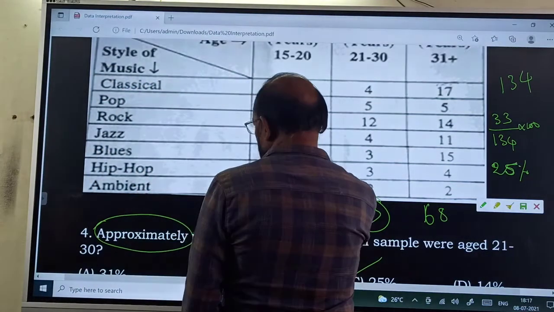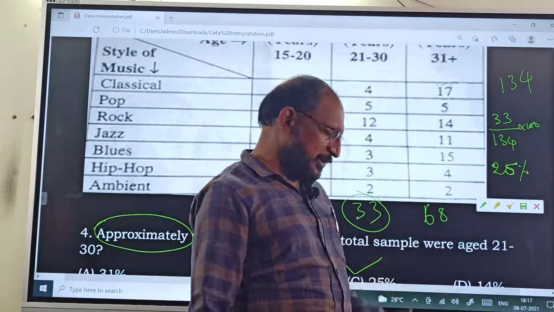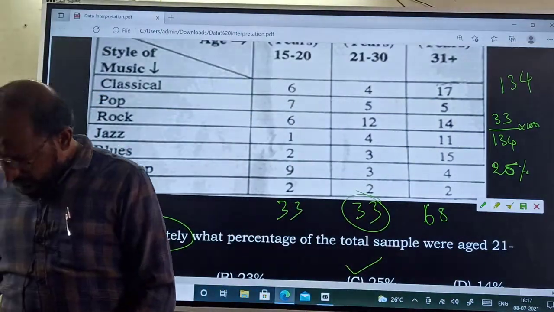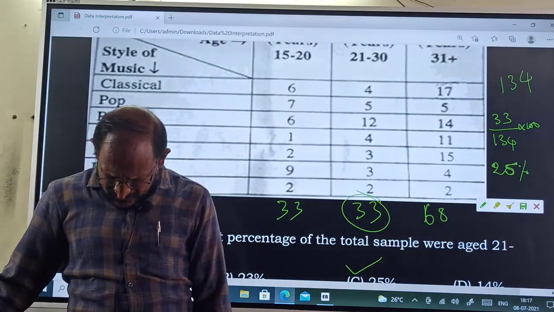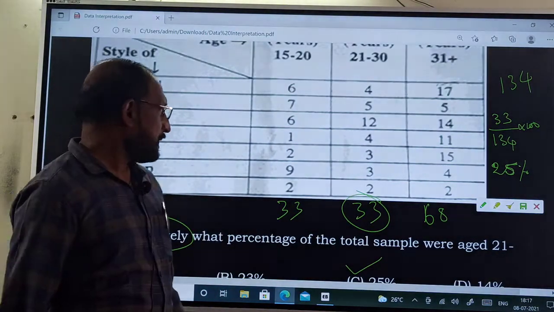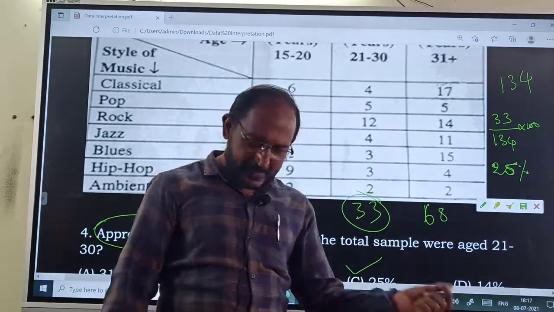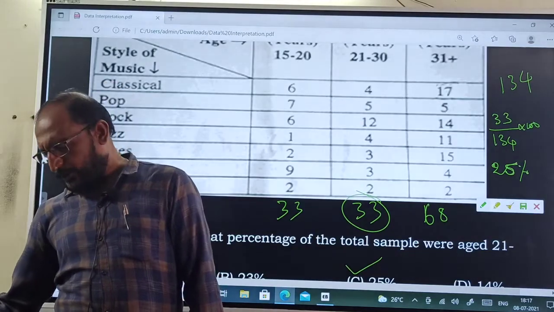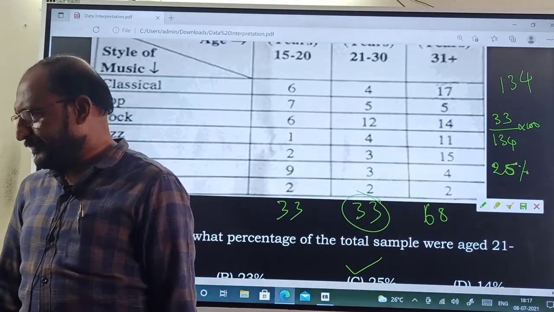They are asking approximately, so 24 point something we will get. I think 24.6. It's between 23 and 25, sir. 24 plus means around 25. 24.6 or 7 we will get.